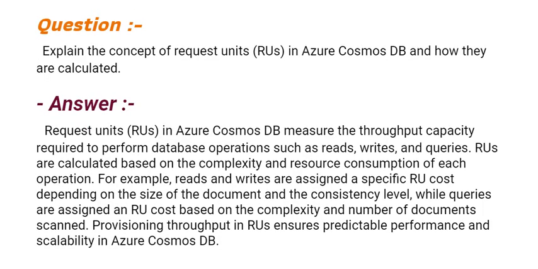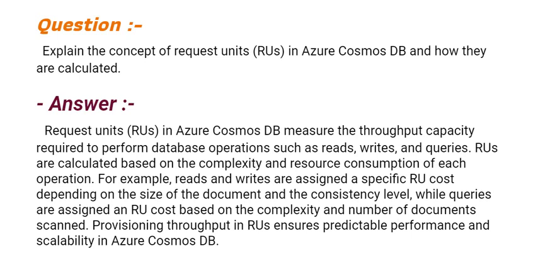Our next question is: explain the concept of request units (RUs) in Azure Cosmos DB and how they are calculated. Your answer should be: request units (RUs) in Azure Cosmos DB measure the throughput capacity required to perform database operations such as reads, writes, and queries. RUs are calculated based on the complexity and resource consumption of each operation.